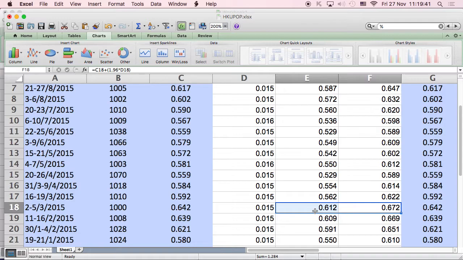Plot it out. This one is 61.2 and 67.2, and the older one is that one.